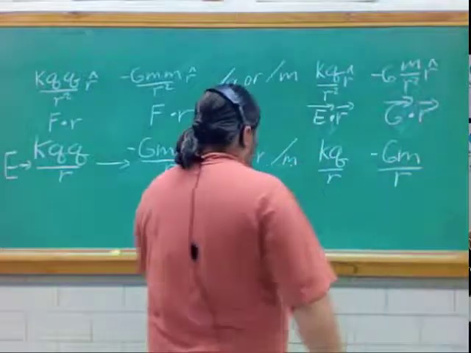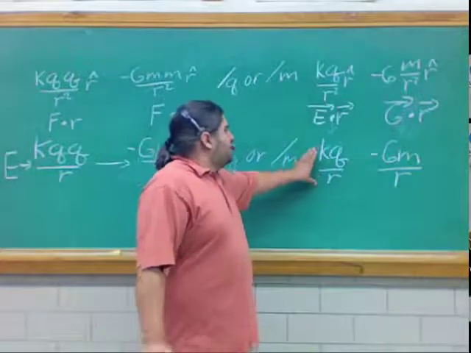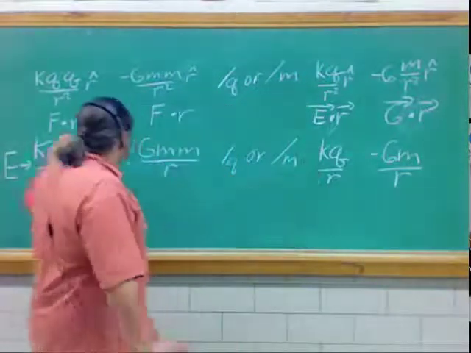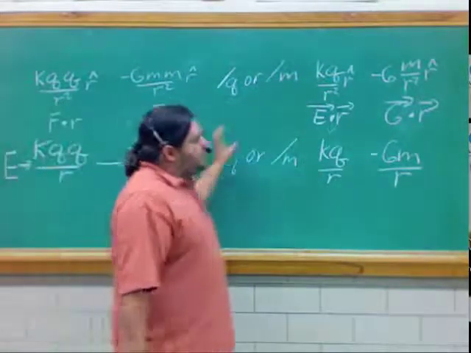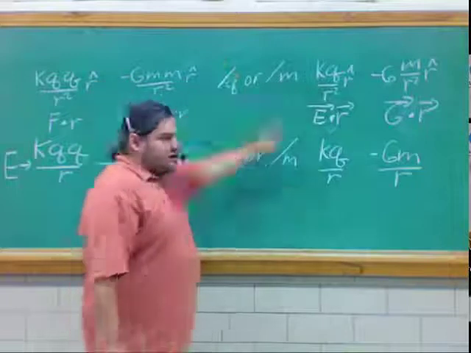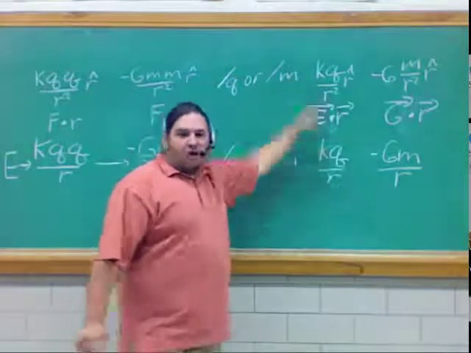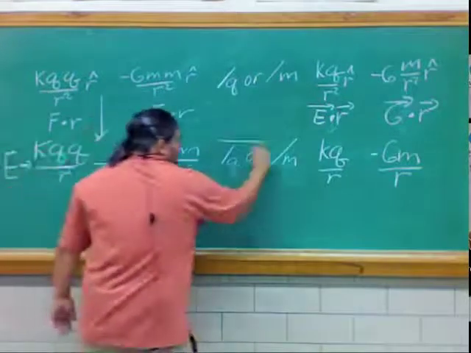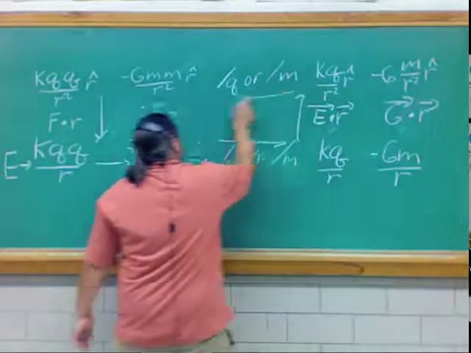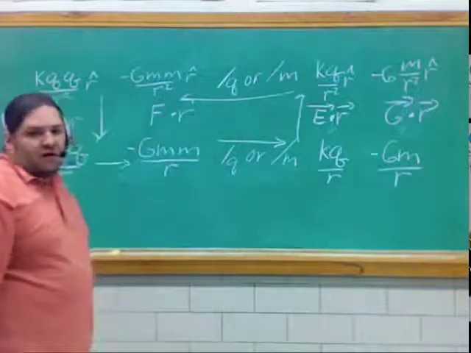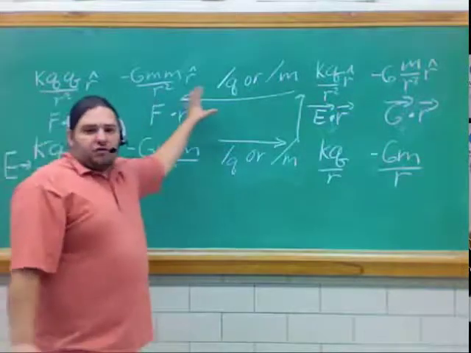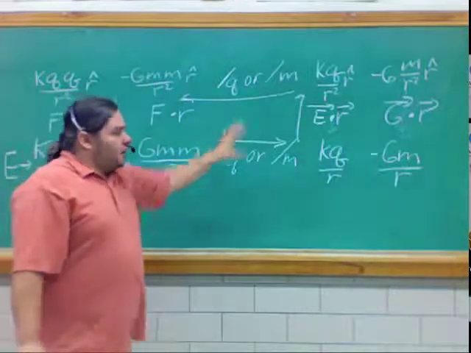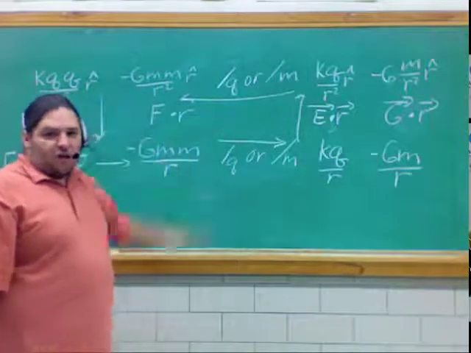I can get from potential to field. I can get from potential to energy. I can get from energy to potential to force to fields. I can go all over the place because of this relationship. They're all interrelated, and they all can feed back into each other. I can go any way. I just have to learn which constants I have to multiply or divide by in order to get to whatever point I need to get.